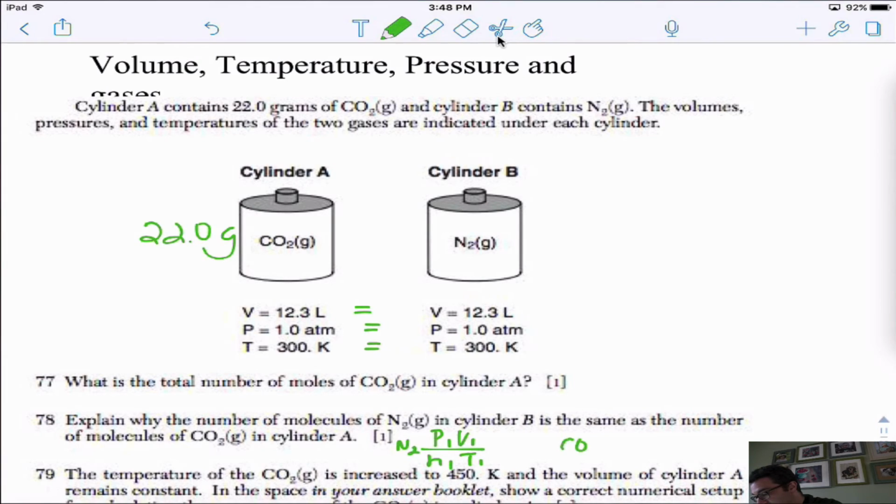And for our CO2, it has the same pressure, the same volume, the same number of moles, and the same temperature because all the values are the same. This is based on our gas law question. Here's our combined gas law. Two different gases, no matter what they are, will have the same number of moles and the same molecules present as long as their conditions are the same. Think about why that's the case, and we can discuss that tomorrow.